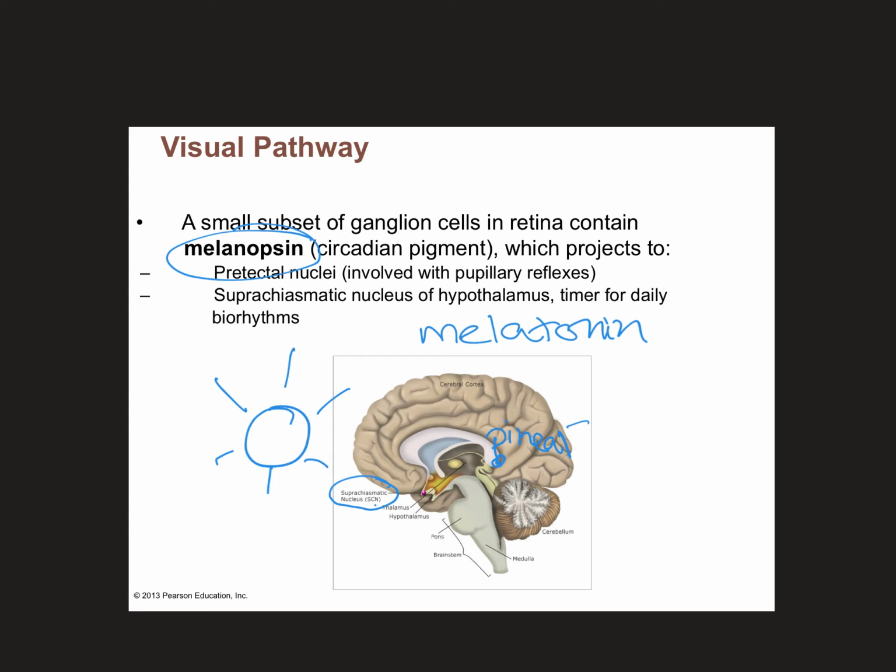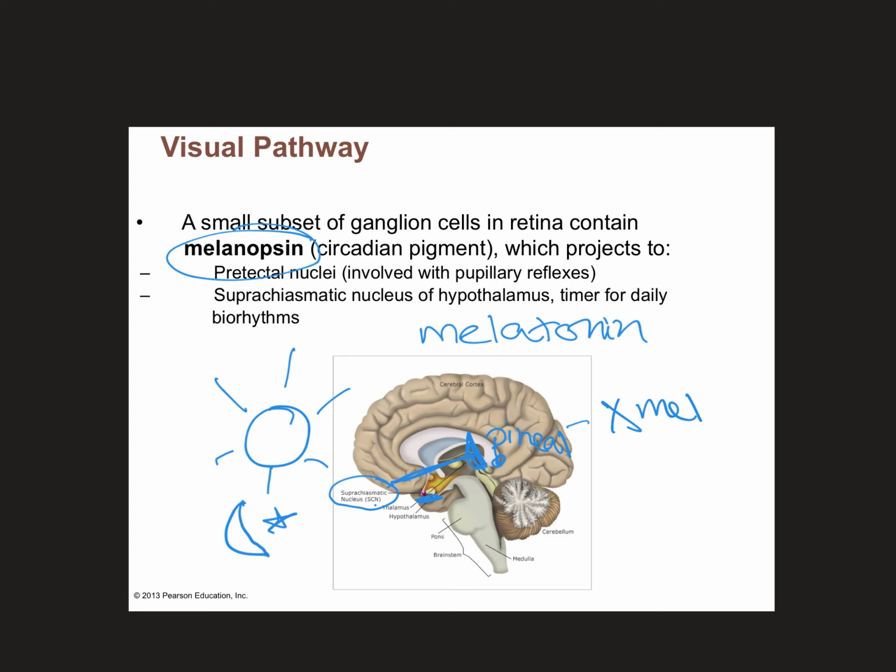So the suprachiasmatic nucleus, because it's right above that crossing of the visual fibers, its job is to sense if it's light out or not. When it is light out, there is an inhibitory signal to the pineal gland not to make melatonin. So as long as it's light out, you don't make any. But as soon as it starts to get dark, this is a moon, there's some stars. They come out at nighttime, which is when it's dark.